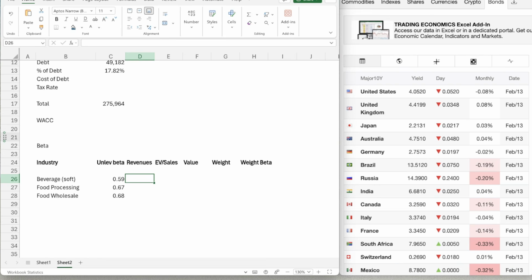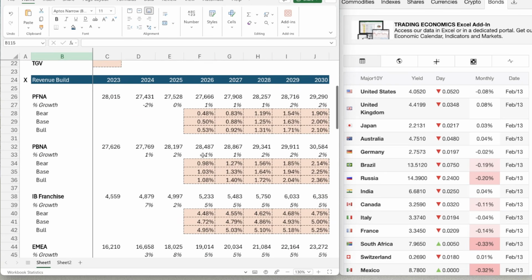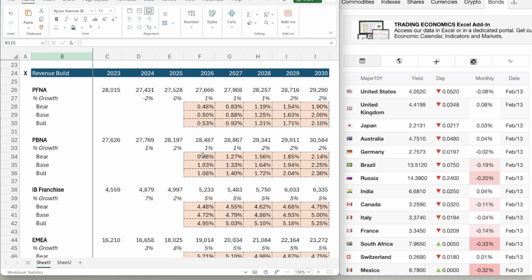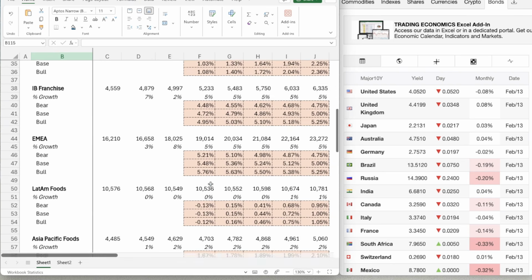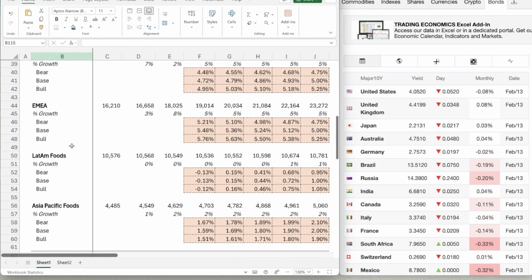So let's just have a quick look at, if we take for North America, they're fairly equal. So we'll say the same for Europe, Middle East, and Africa. For LATAM and Asia Pacific, half of these are going to be the food side and half will be the beverage.